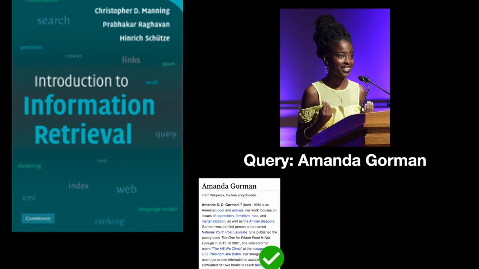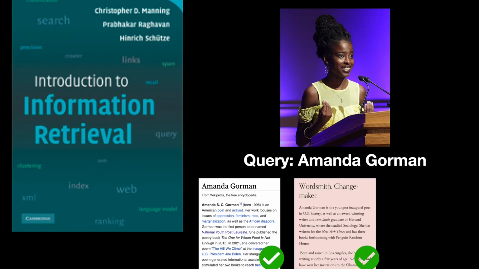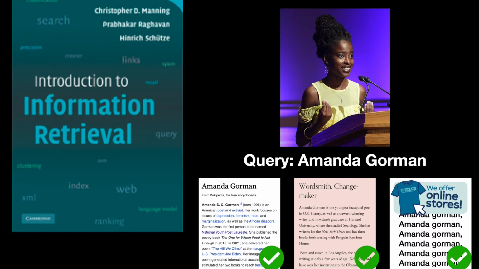We can find websites that have the query Amanda Gorman in them, such as her Wikipedia page or her personal page, but we also may find maybe less desirable pages, like t-shirt sales stores where somebody has embedded the words Amanda and Gorman into those pages a great number of times, even though the website has nothing to do with Amanda Gorman. The idea is the search engine is being exploited in some way to drive traffic to this website.